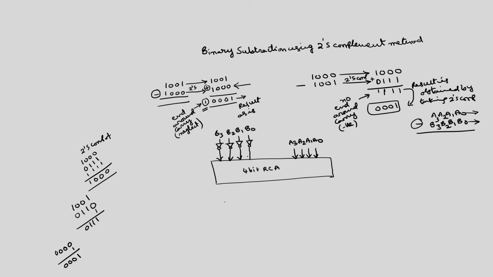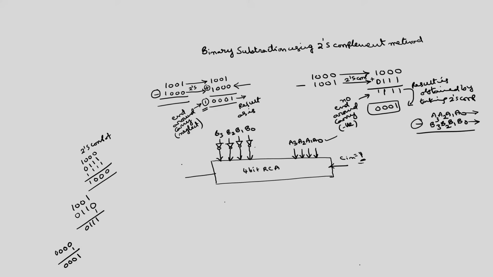We make C in equal to 1, so that we get the 2's complement. If C in is 0 we get the 1's complement, and if it is 1, the 2's complement. So we have the minuend as it is, and the 2's complement of the subtrahend by adding 1.